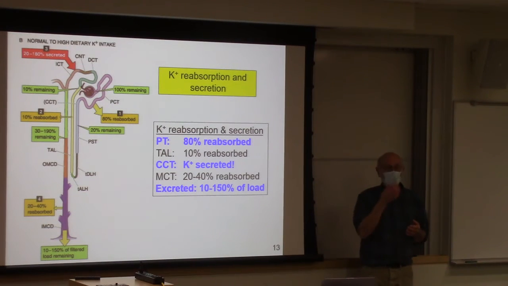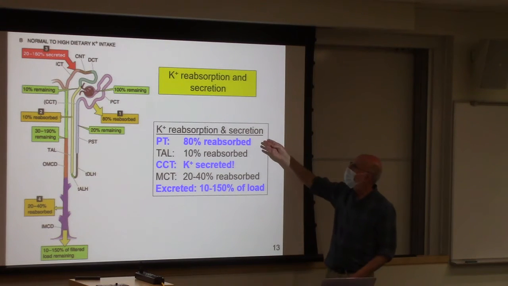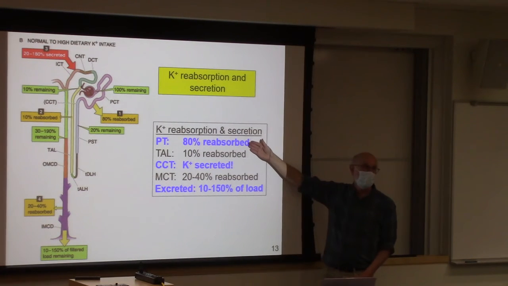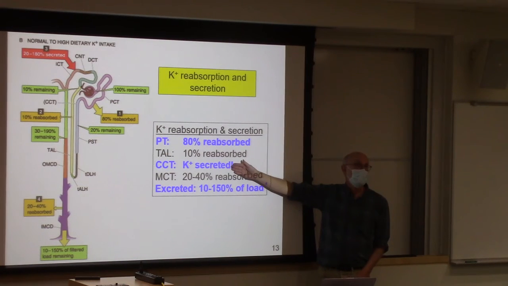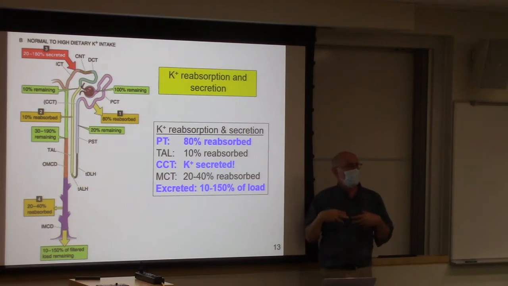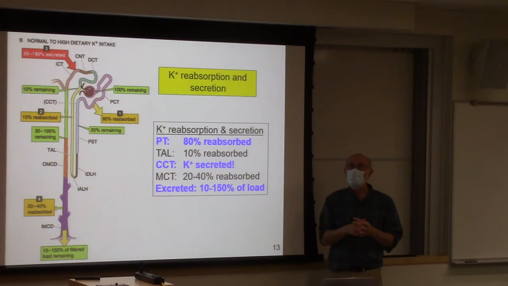So we still eat a lot of potassium, and we have mechanisms for reabsorbing it and for secreting it in the collecting tubule, so that we can excrete it and don't get too much potassium in our body.